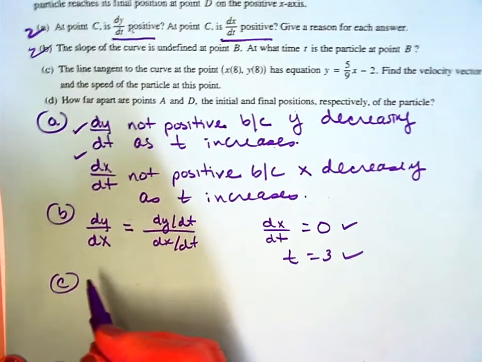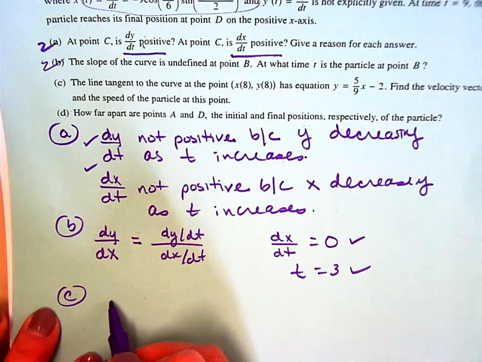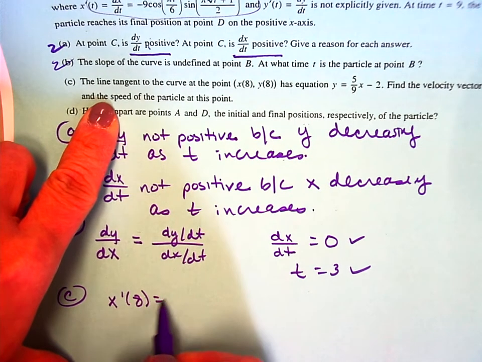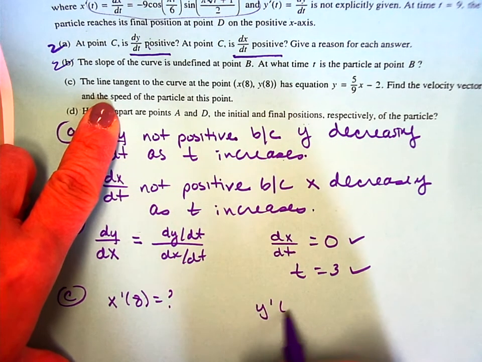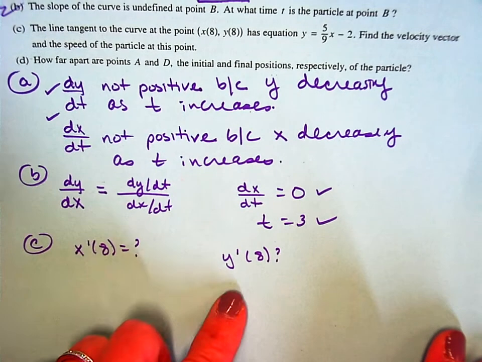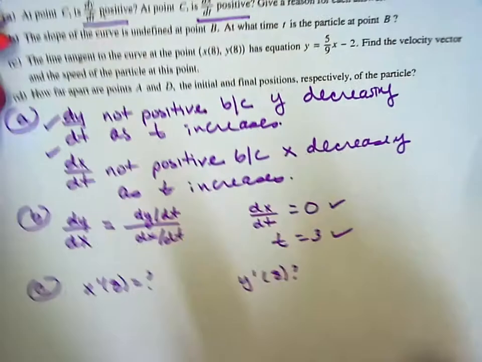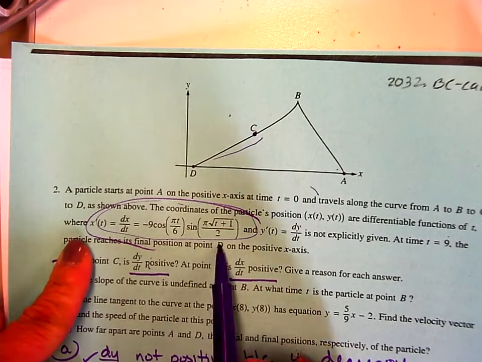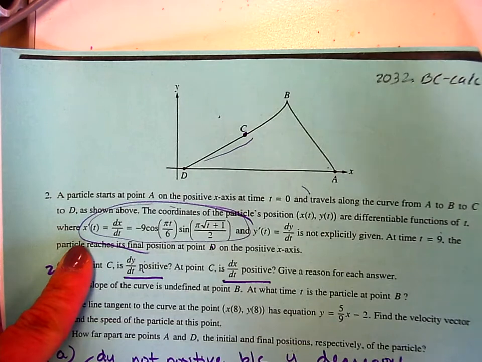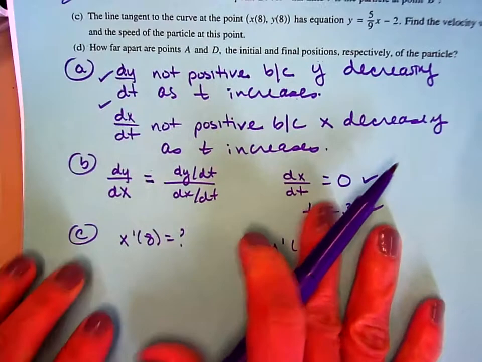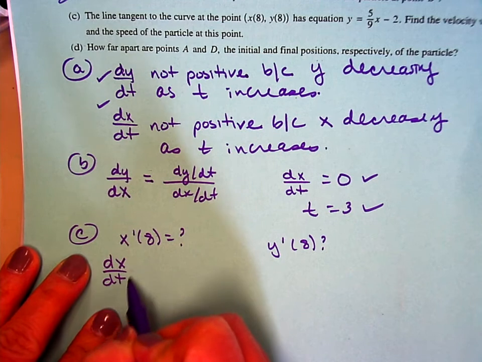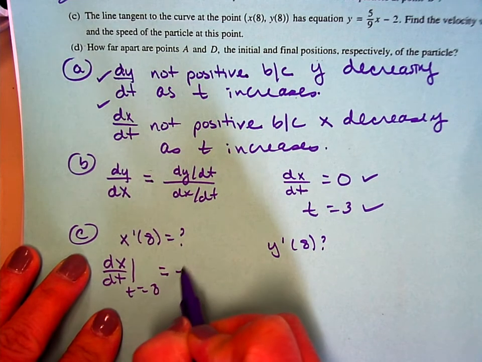I need to know what happens at x prime of 8, and I need to know what happens at y prime of 8. dx dt is given, so all you need to do for x prime of 8 is plug in 8 for t and punch this out in your calculator. And I believe if you find dx dt in the calculator at t equals 8 should be negative 4.5.